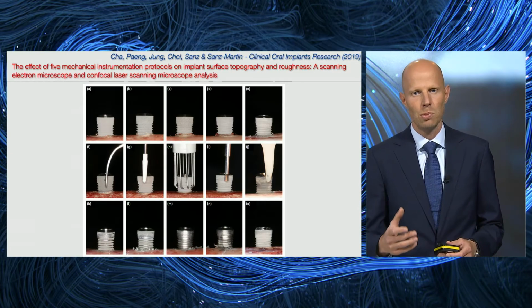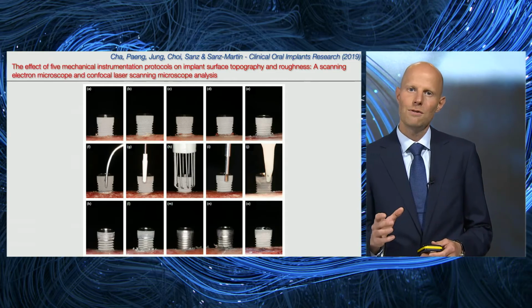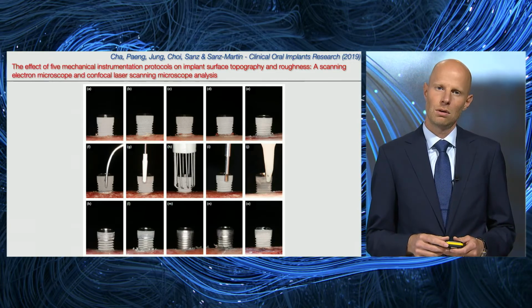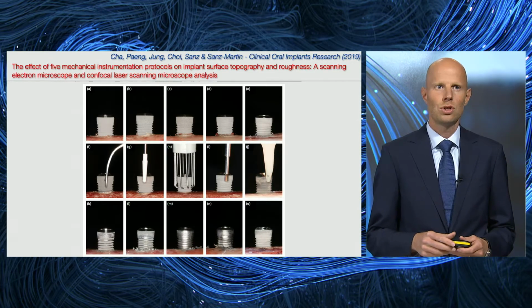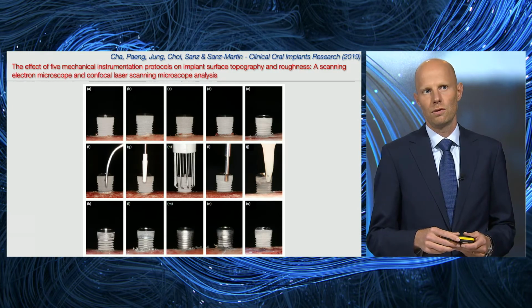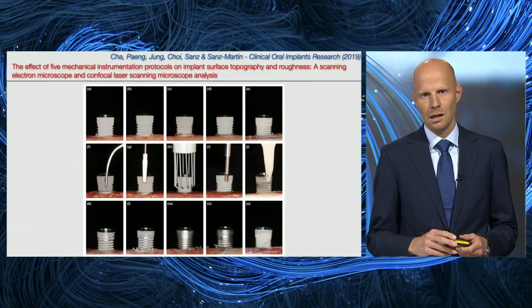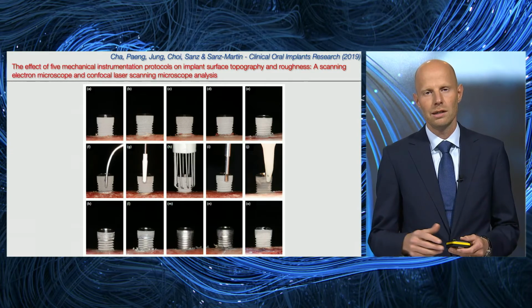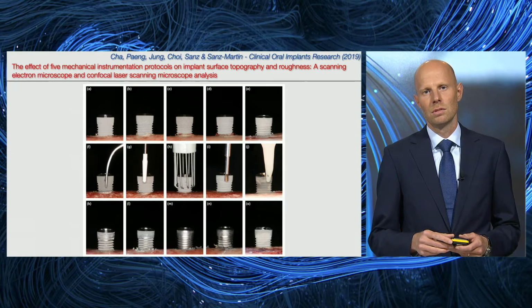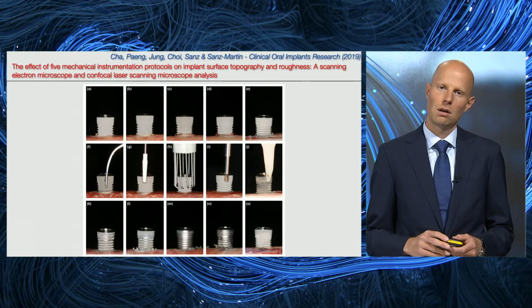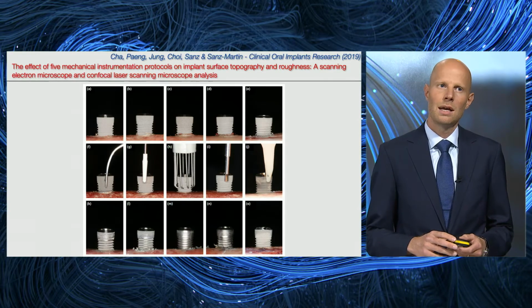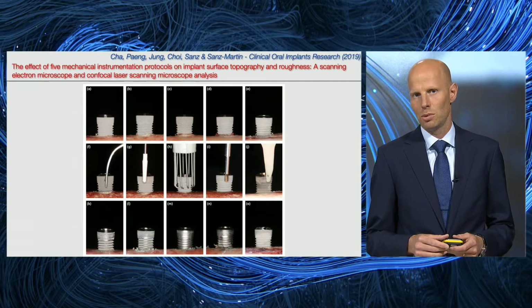This was simply an evaluation of the effect of instrumentation on the implant surface, using to the middle and right, two different versions of a titanium brush, and to the far right an air abrasive. Comparing this to a regular ultrasonic scaler and to a modified tip.